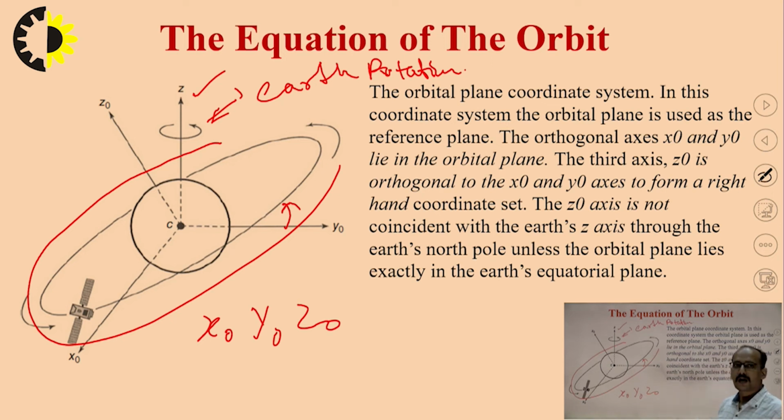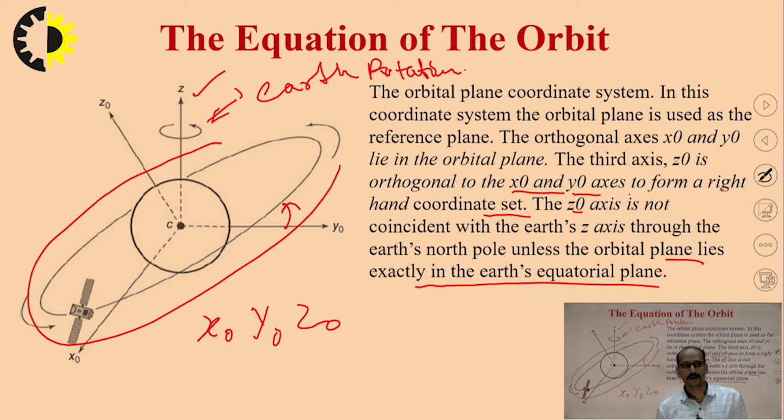The third axis z0 is orthogonal to the x0 and y0 axes to form a right-hand coordinate system, and the z0 axis is not coincident with the earth z axis through the earth north pole unless the orbital plane lies exactly in the earth equatorial plane.